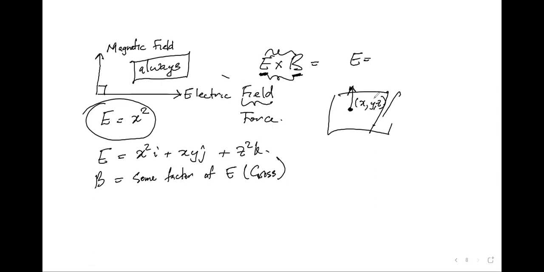Then you're going to have to take the gradient with respect to x, y, and z to find the value of the force or the value of the current, based on the relationships that we have, so that we can work out the values that are there.